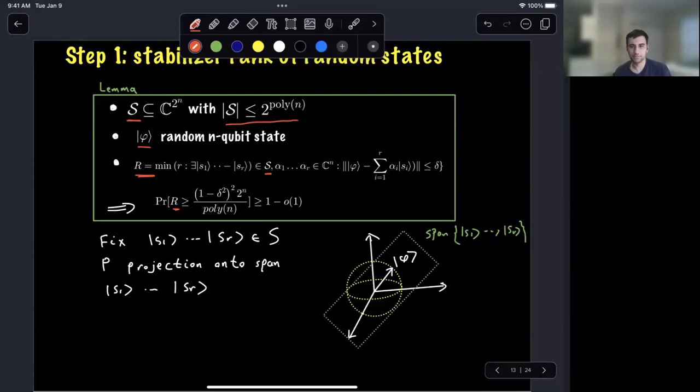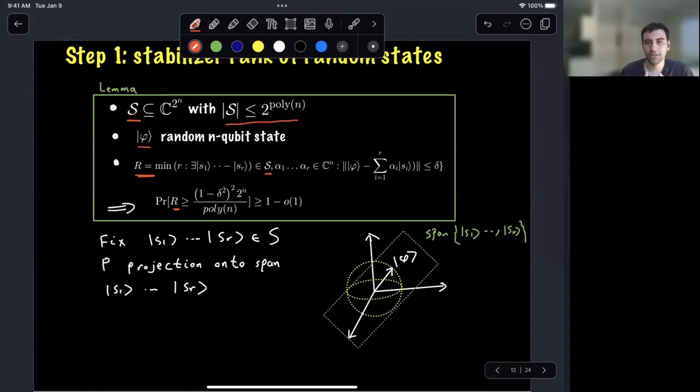Just before giving the ideas of the formal proof, I want to argue that this is what we should expect. Because if you consider some random state, you need almost 2 to the n bits to represent it. This is just some intuition about a random state. And if you have a subset of size 2 to the polynomial n, for each element of this subset S, you need a polynomial number of bits to represent that element.